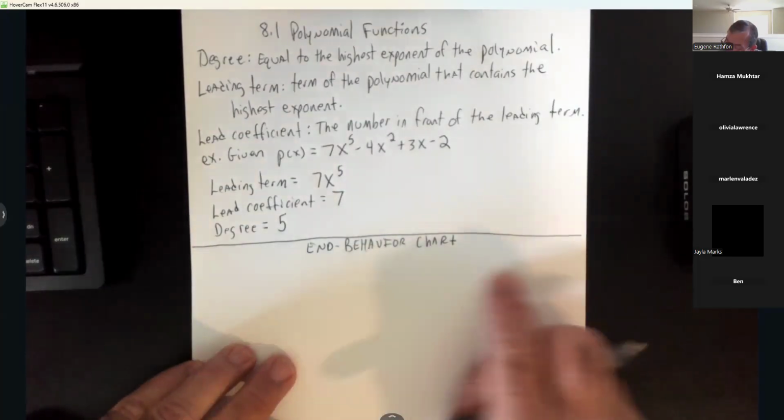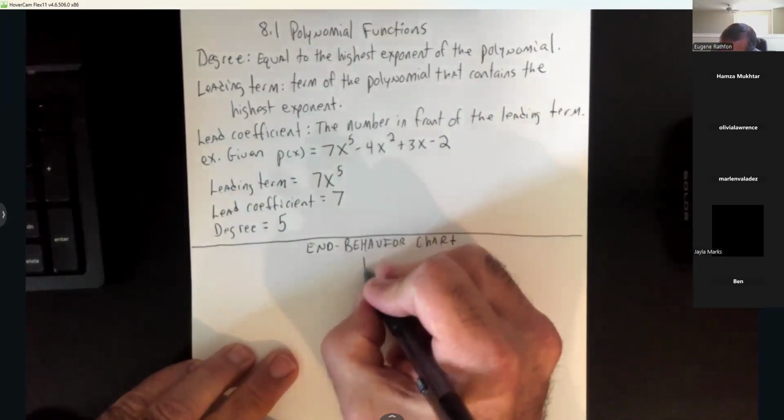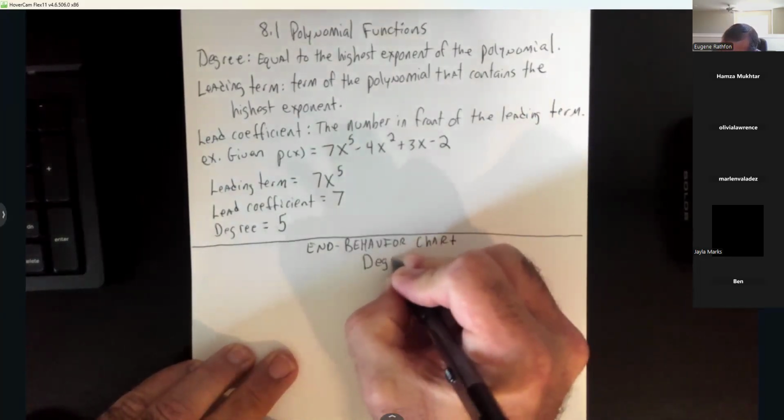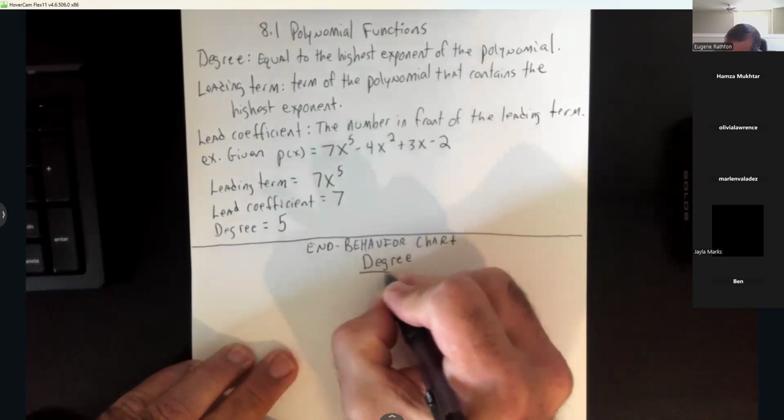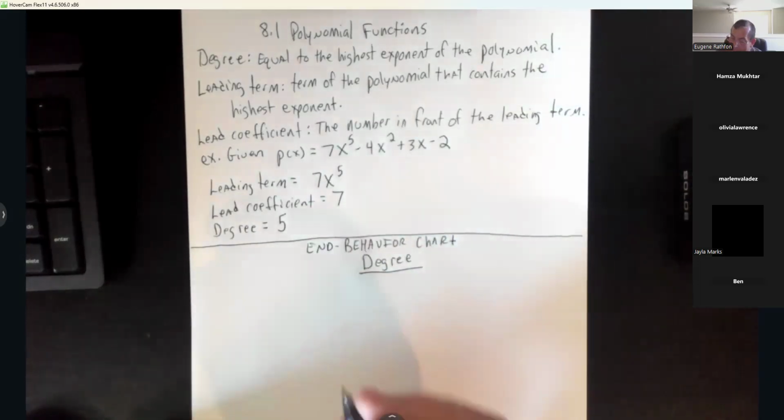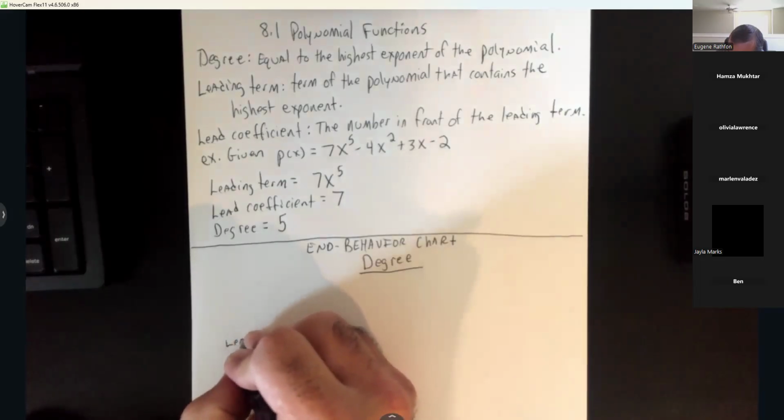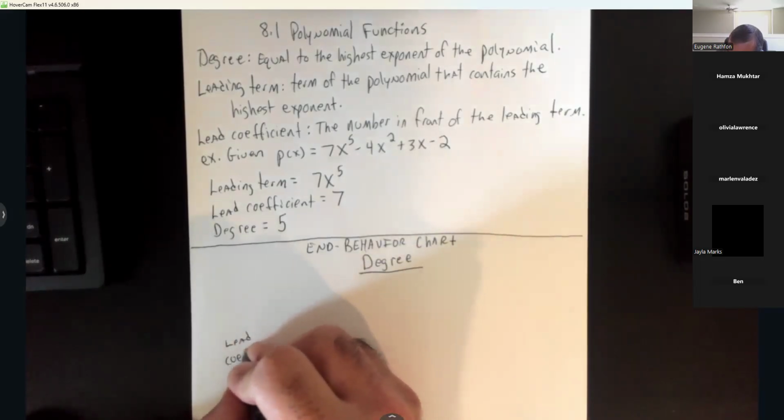So this end behavior chart looks at the degree of the polynomial, and we're going to look at the lead coefficient.